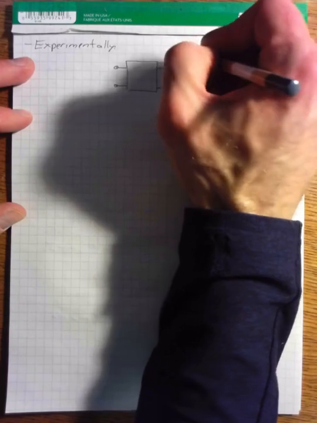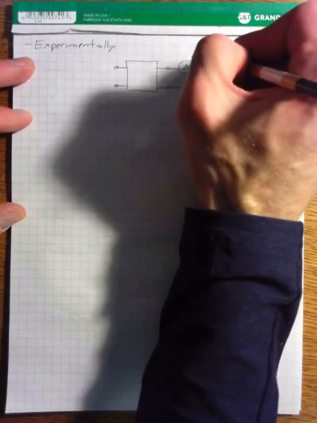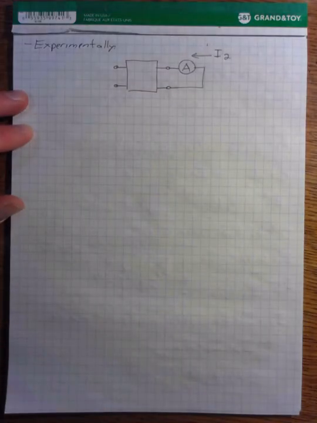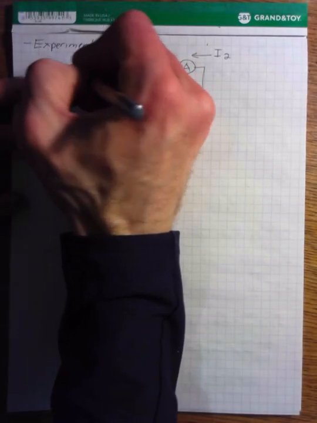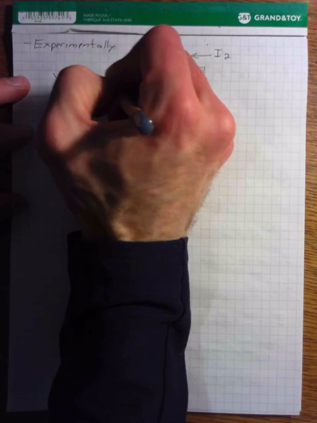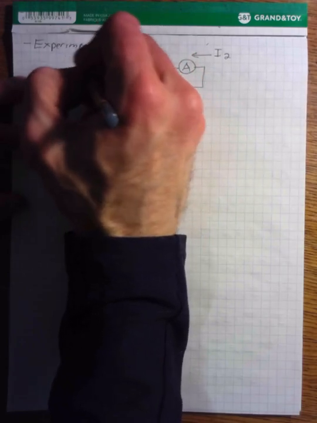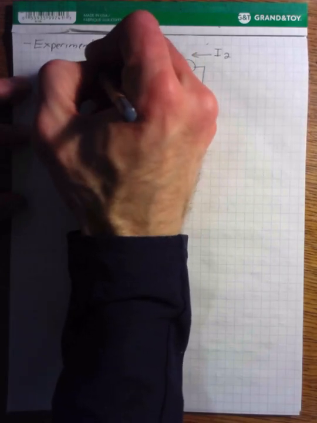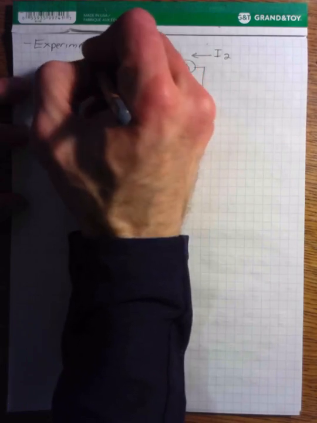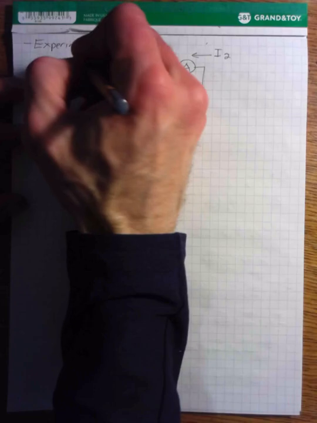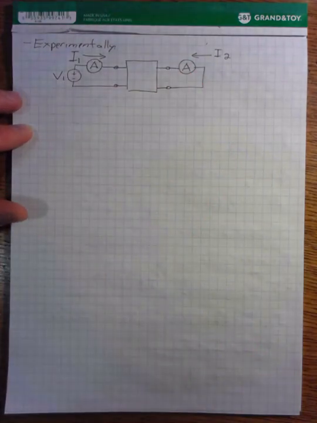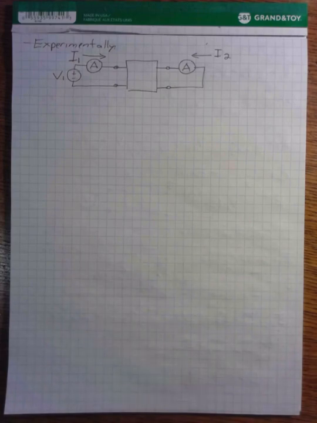So we could measure the current flowing into port 2, and then we would apply a voltage so we could measure the current flowing into port 1, and then we would take the ratio.